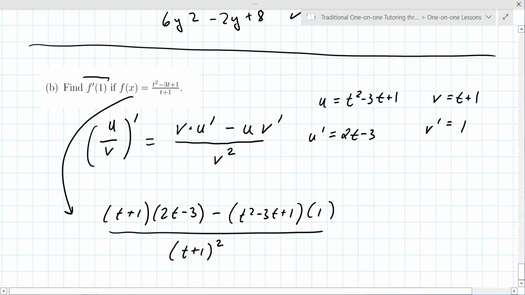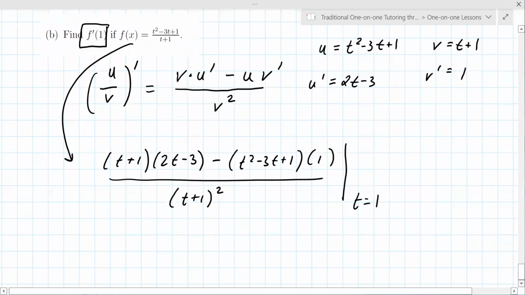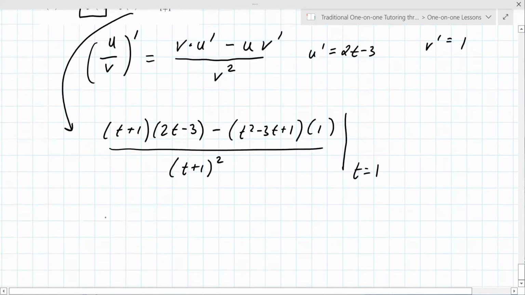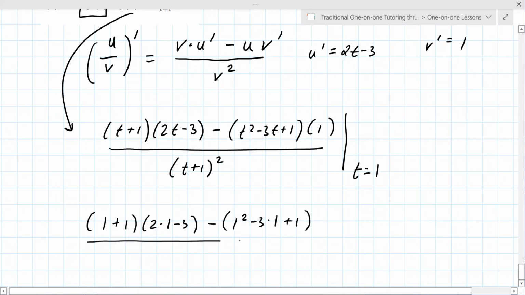Then we're not done. It says to evaluate it at 1. That's why we don't have to simplify. I would just evaluate it right now, and take the time to rewrite it and not try to simplify. I think you're pretty good at that, from what I remember of your work, that you're not going to try to do too much in one step.